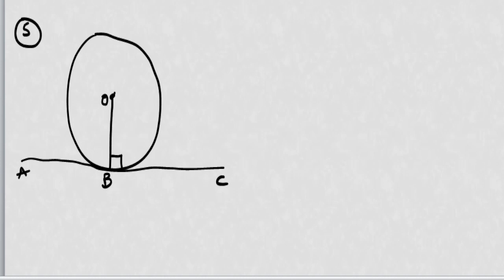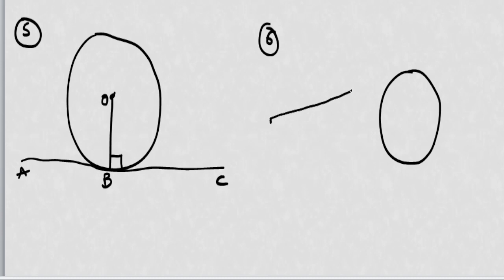Then there is another theorem on tangents. Suppose we have a circle like that, then we have a point. So this is the origin. From this origin there goes a tangent, and from the same origin another tangent goes in that direction.